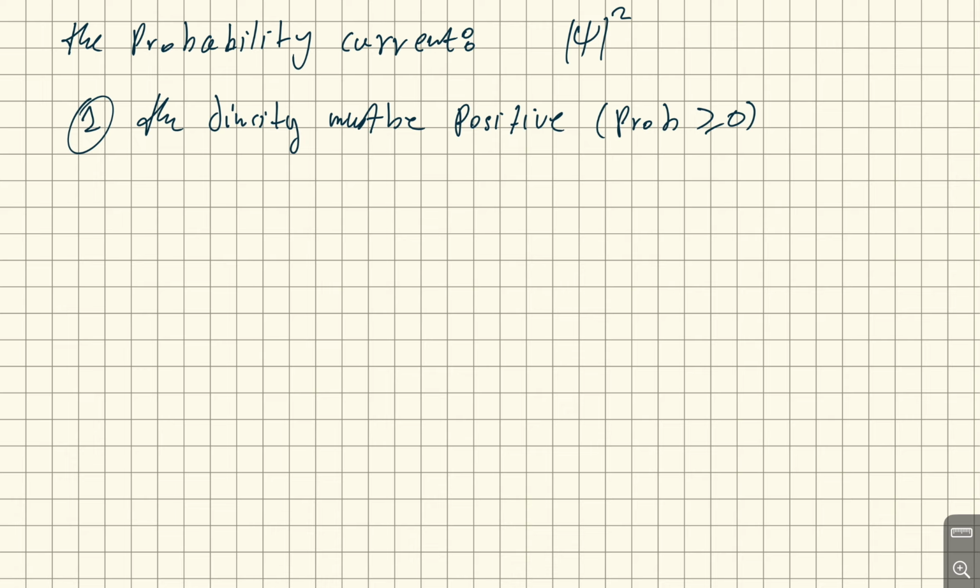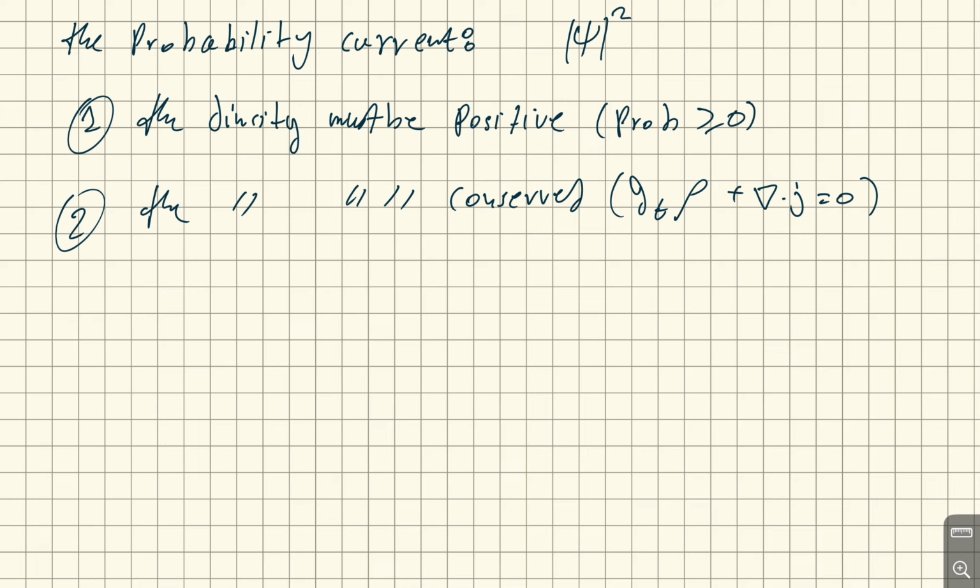It's a probability, so it cannot be negative, right? And two, the density again must be conserved, and that means it obeys the continuity equation, which is partial t rho plus divergence of j equals 0.